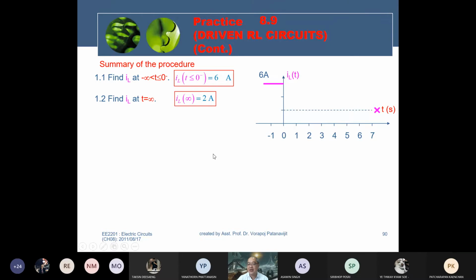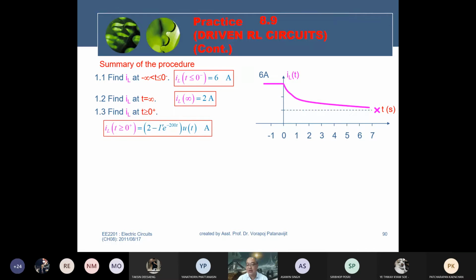Therefore, the current will be only 1/3 of the starting value. Instead of 6 amp, it will be only 2 amp. The current in the inductor will drop from 6 amp to 2 amp. And after that, the shape of the drop comes from the solution of this differential equation, and it becomes 2 minus I e power minus 200t.